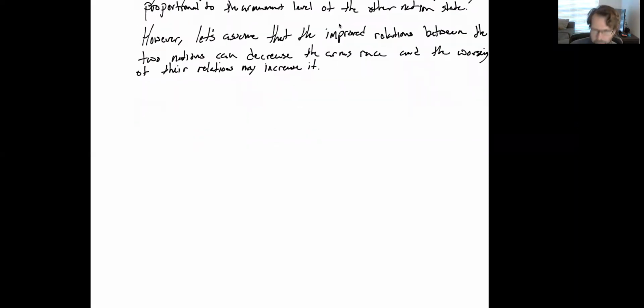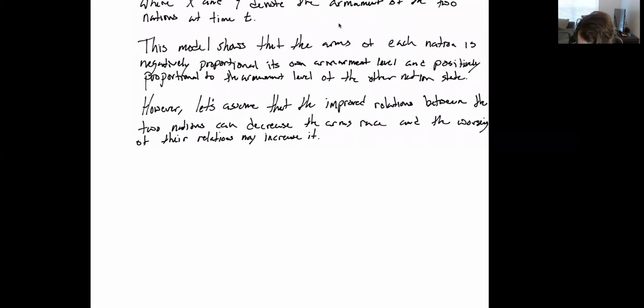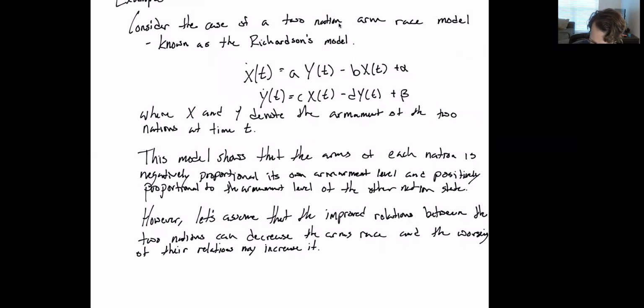So what this effectively does is it augments this system here.